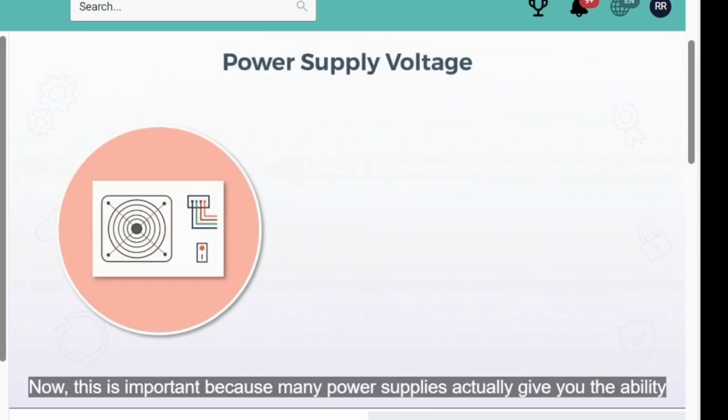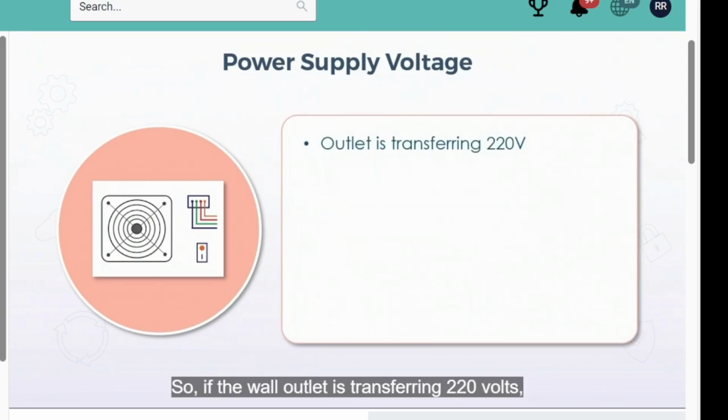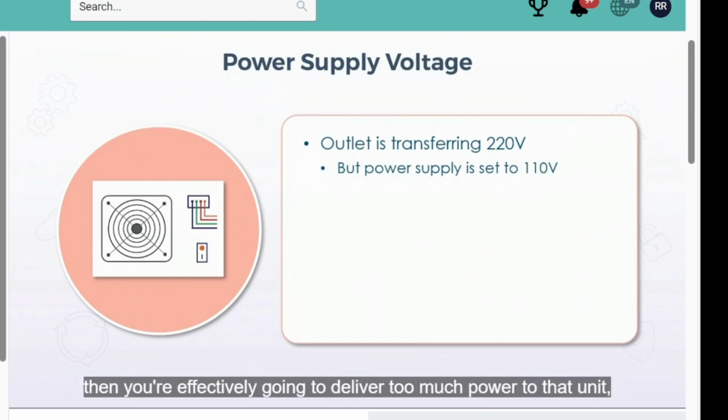Now, this is important because many power supplies actually give you the ability to specify which type of input you are receiving. So if the wall outlet is transferring 220 volts, but then the power supply is set to only 110, then you're effectively going to deliver too much power to that unit, and it will very likely overload and quite possibly damage the device.